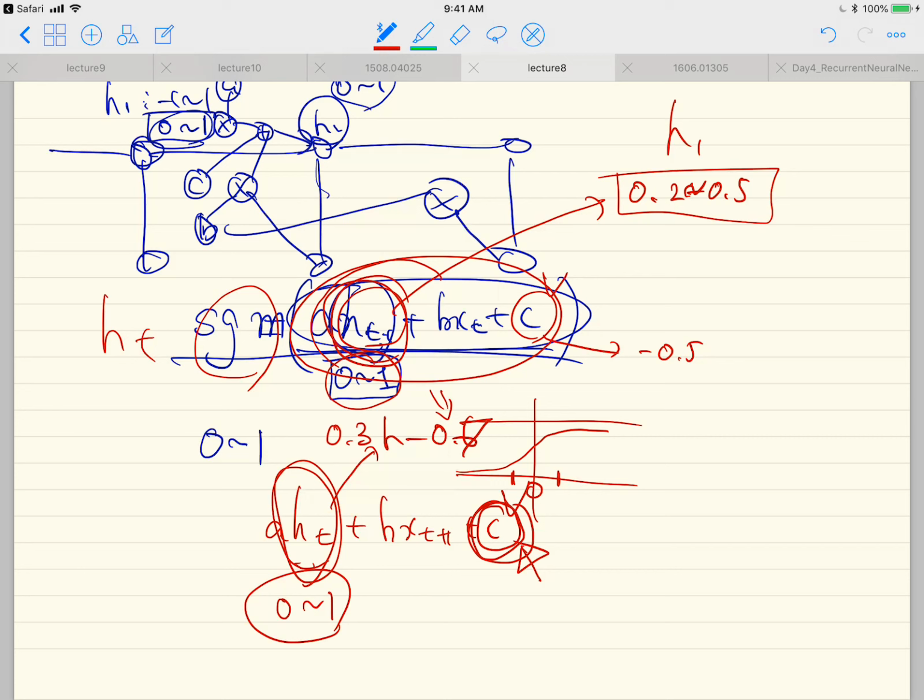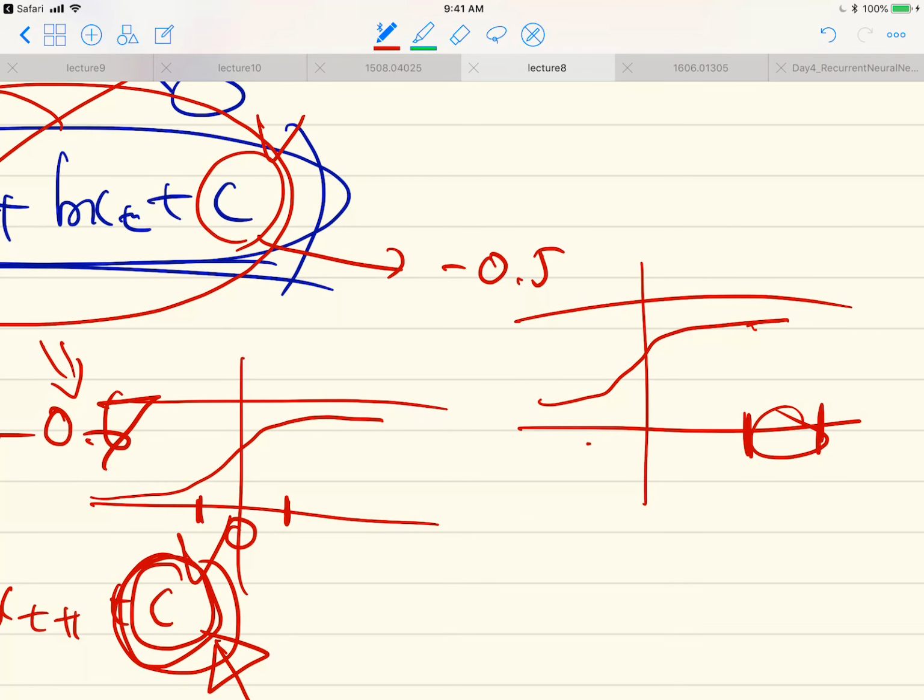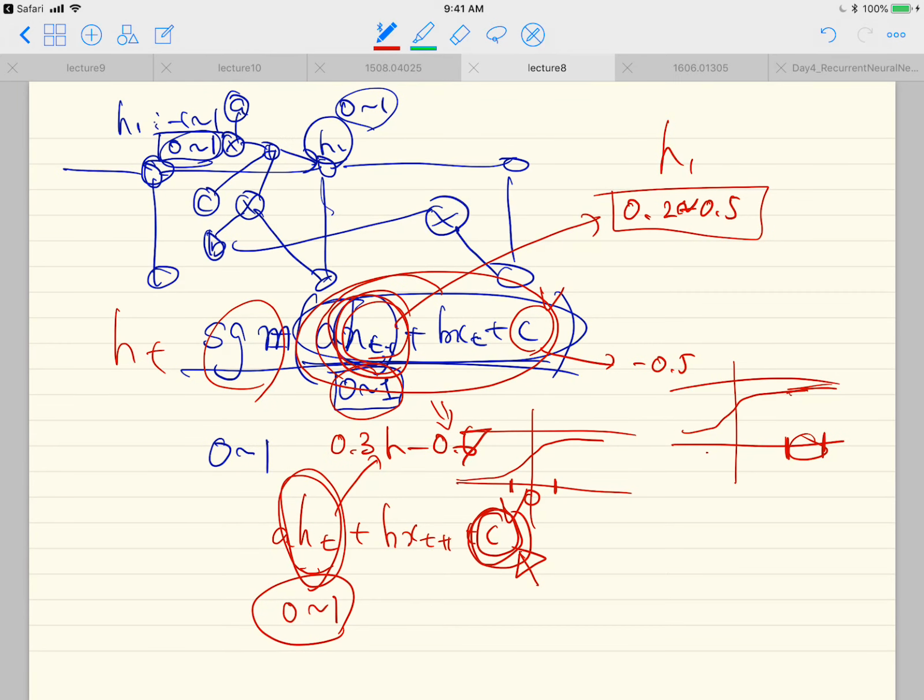So it cannot properly handle this, or it may be really sensitive to how we set up this bias value, and it may easily fall into an insensitive range of the sigmoid.